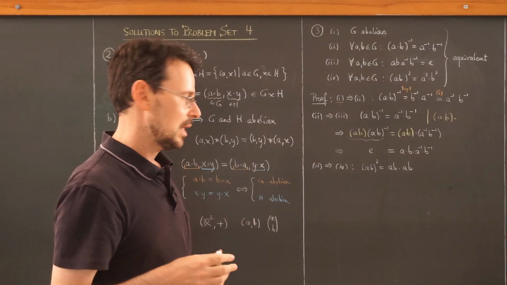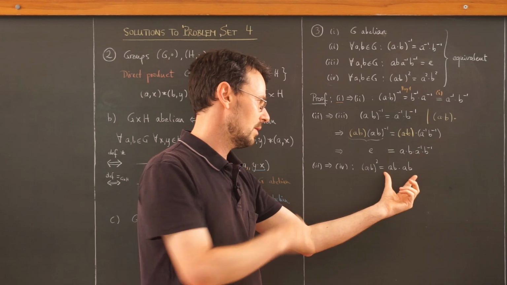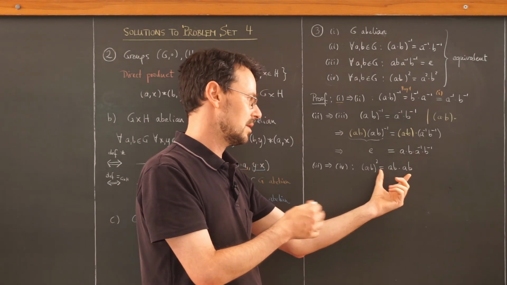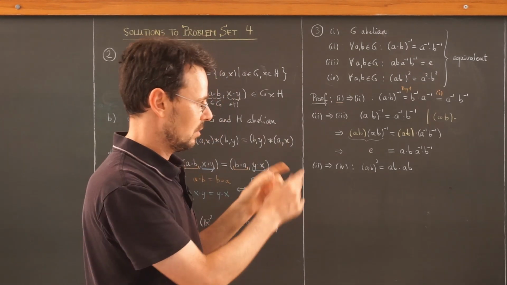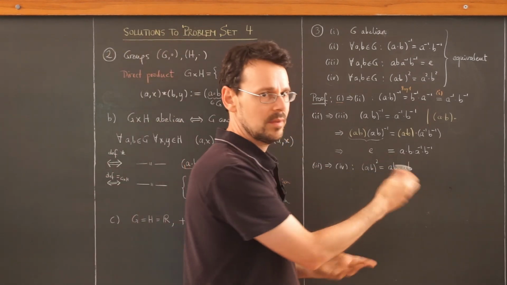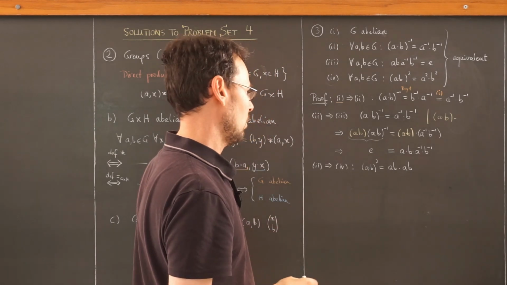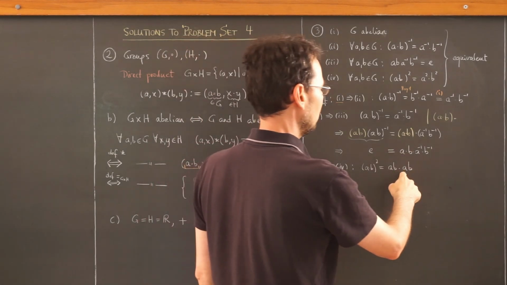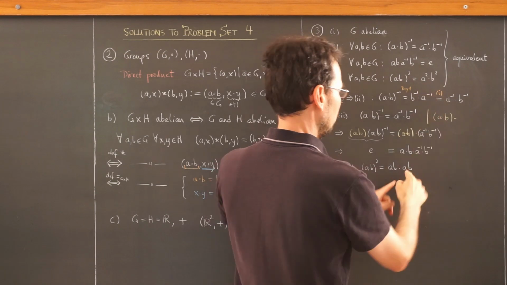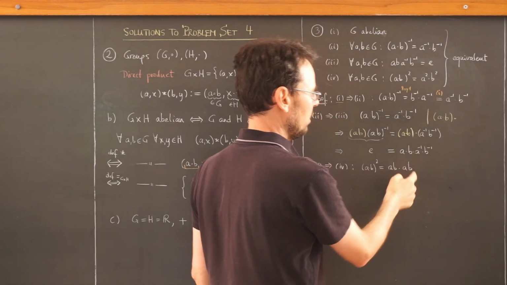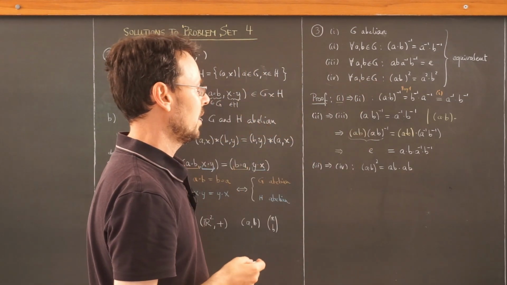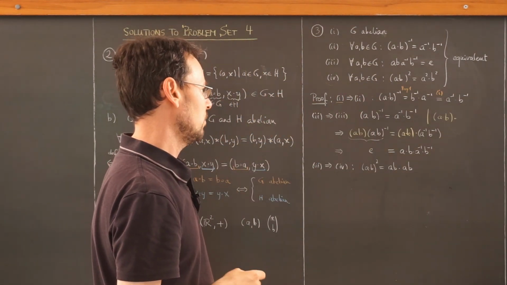For the umpteenth time, if you're a beginner, and this is one of your first exercises that you hand in, please do all these extra steps and write down: we have the parentheses here, and by associativity I can drop them. Now we are here, and now we want to switch those places. If the A were here and the B there, we would end up with A squared and B squared. How do we do that?